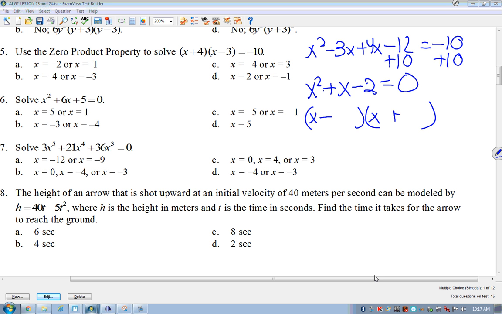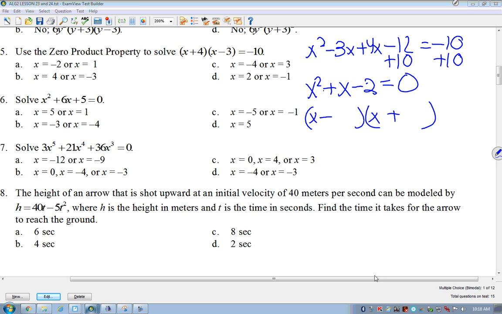Now this is where I said if that's a plus symbol in the first spot, minus in the second spot, what do I know? Which one is bigger, the minus or the plus? The plus, because it comes out as plus whenever I add them together. So I'm looking for two numbers that when multiplied are going to be negative 2, but whenever I add them up, I get a positive 1.